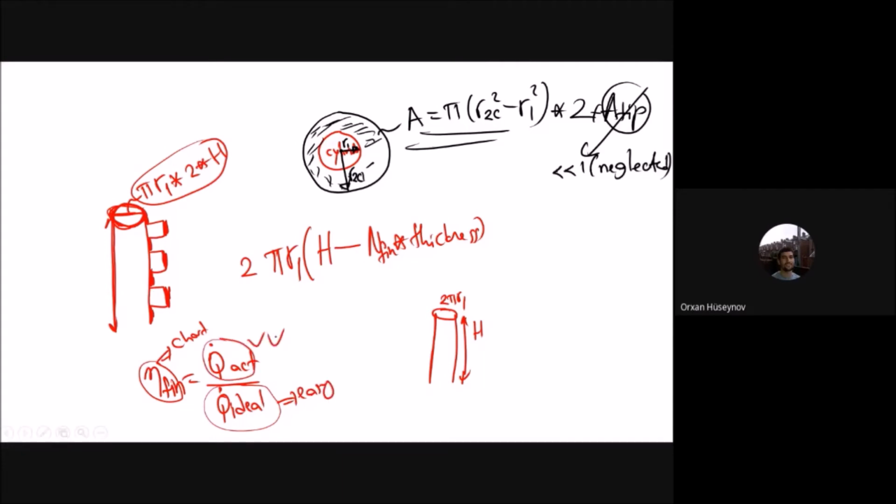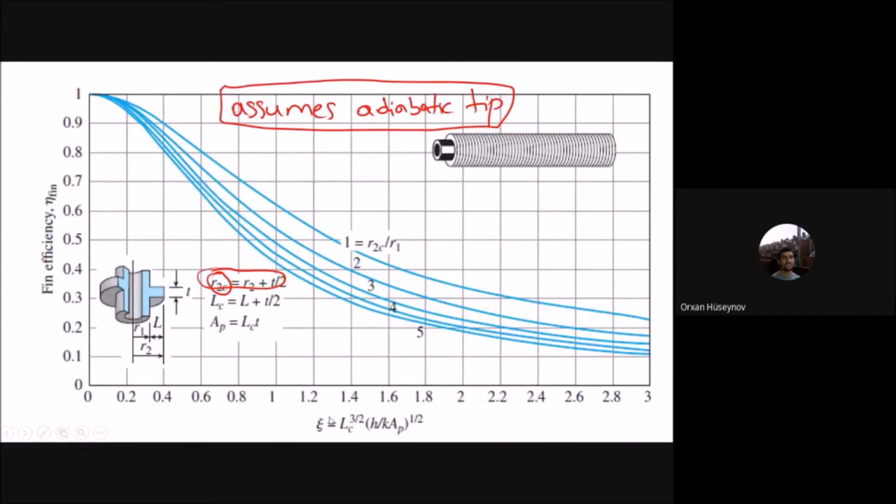To find the eta fin, we'll use this coordinate, the psi coordinate, which is the corrected length to the power 3 by 2 and h over k Ap, in brackets, to the power 1 by 2. Let's calculate it.